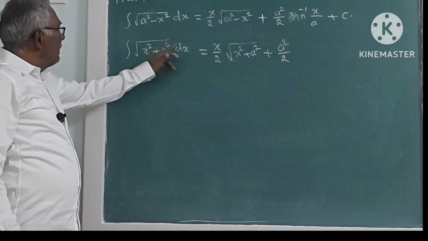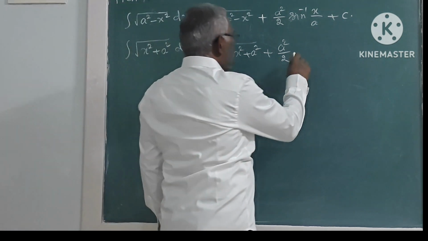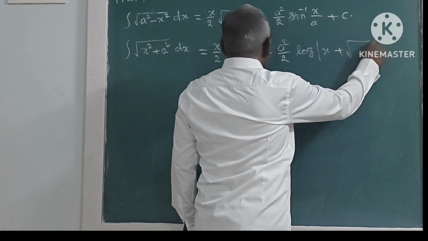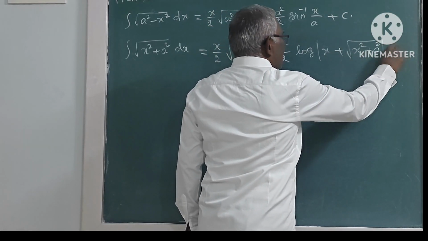Now what is integral dx by square root of x square plus a square? That is nothing but log of x plus square root of x square plus a square plus constant.